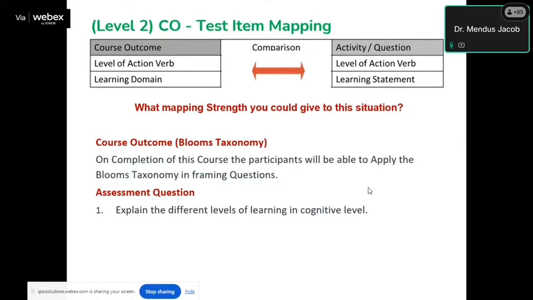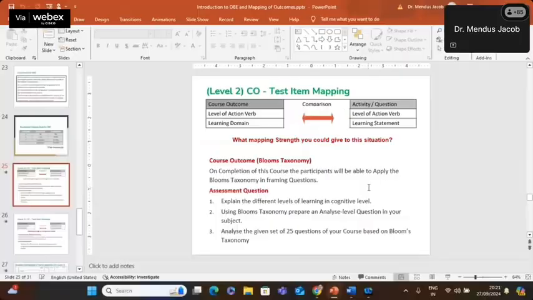Explain the different levels of learning in cognitive domain. So what is the level of this question? Explain the different levels of learning in cognitive domain. What is the level of this question? Anybody?